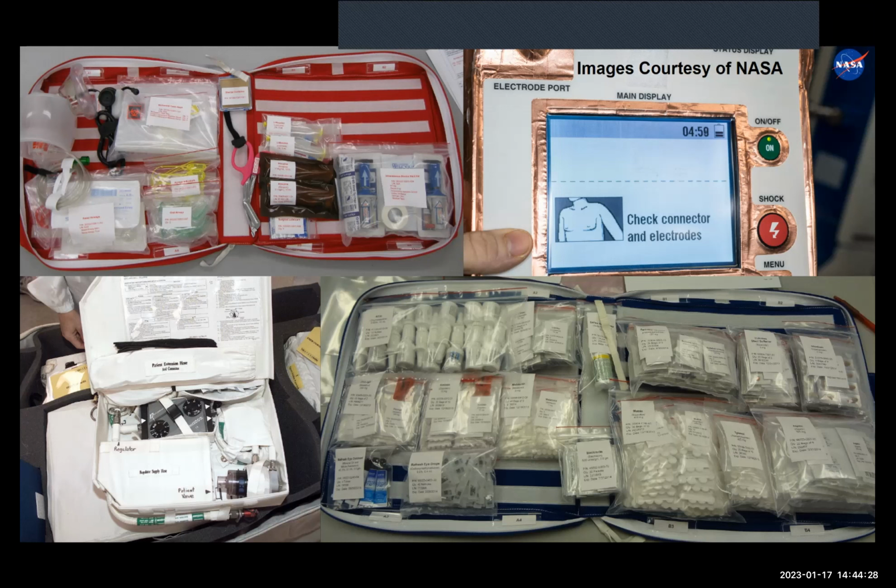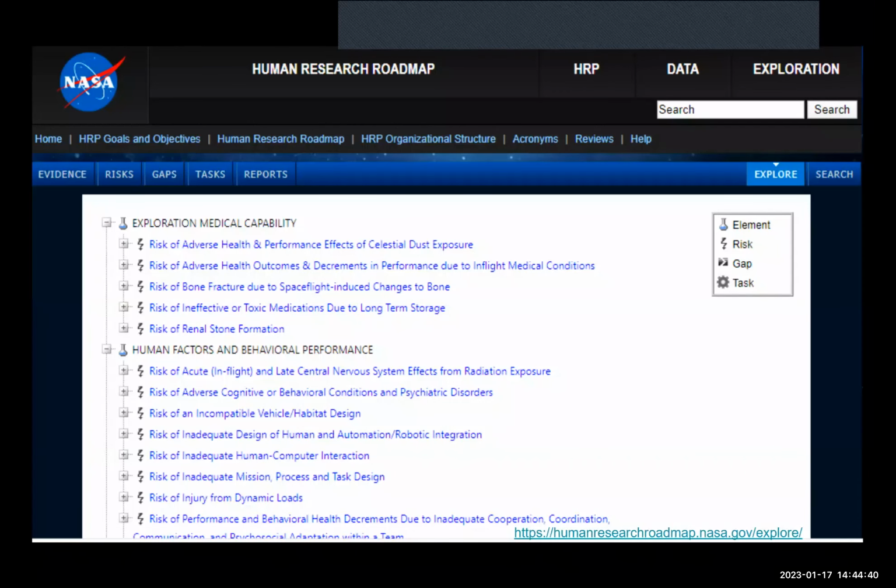So as we get back to talking about exploration class missions, getting back to that risk framework, when we talk about the challenges looking forward for long duration spaceflight, it expands that framework again, looking at everything from dust exposure to bone loss to things that make sense but we don't typically think about.